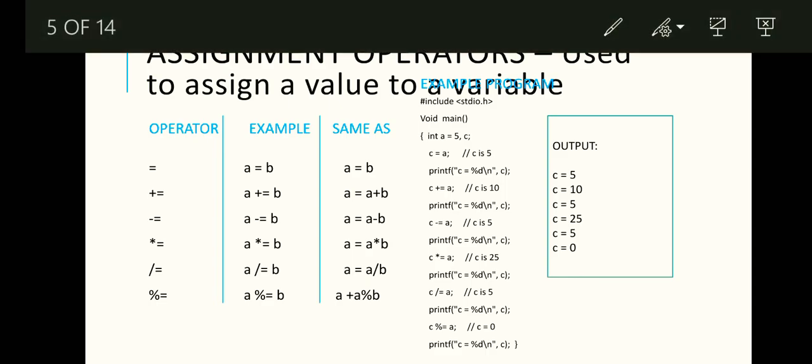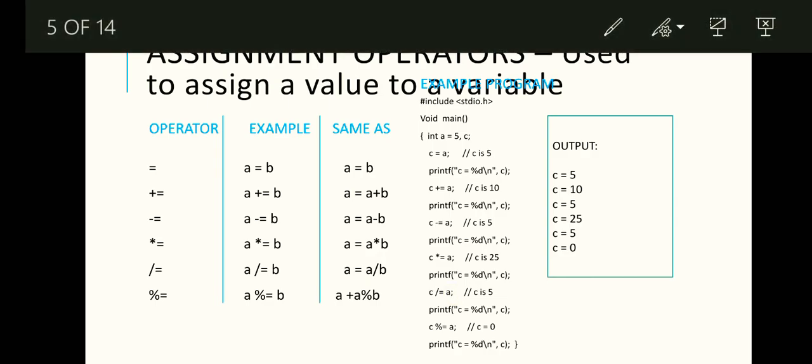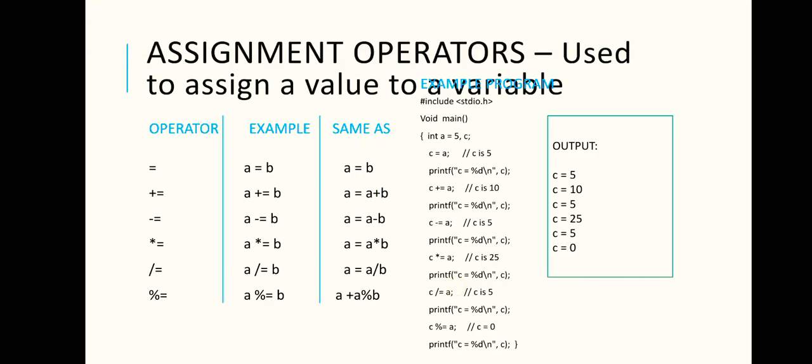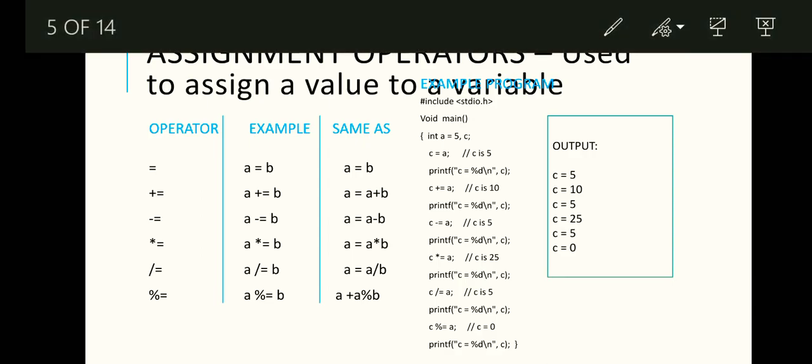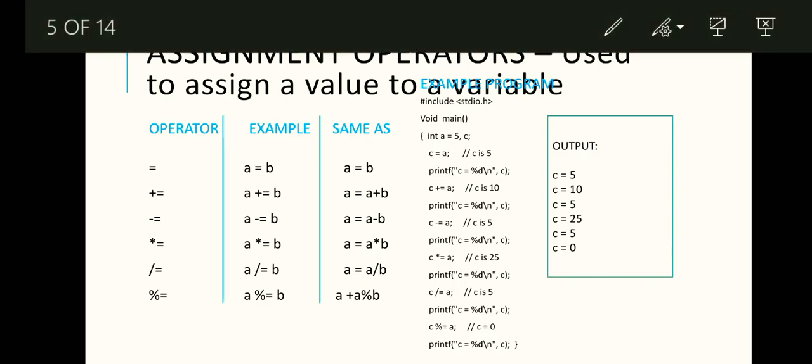Similarly, we can also calculate all the other statements. Here we see the statement c divided by equal to a, which is similar to c is equal to c divided by a. As c has already become 25 in this statement, 25 divided by 5 gives us 5. Similarly, we can calculate all other outputs. Take a look at this program.